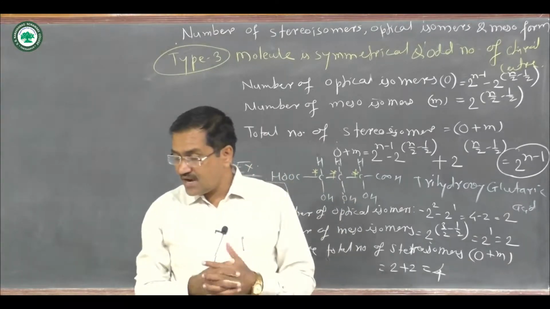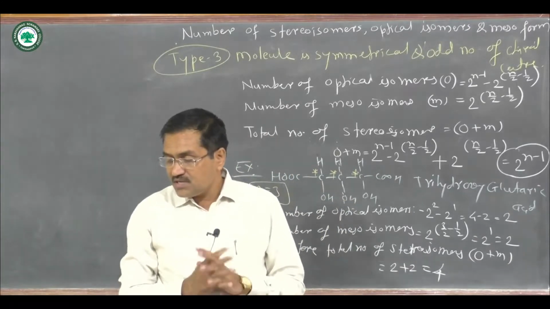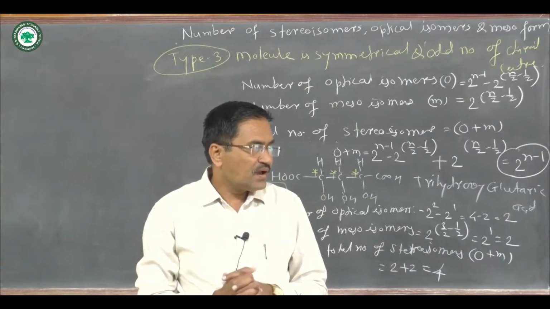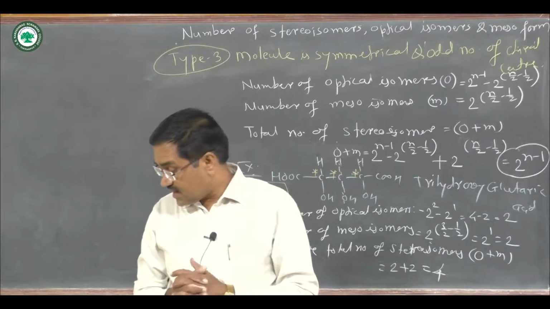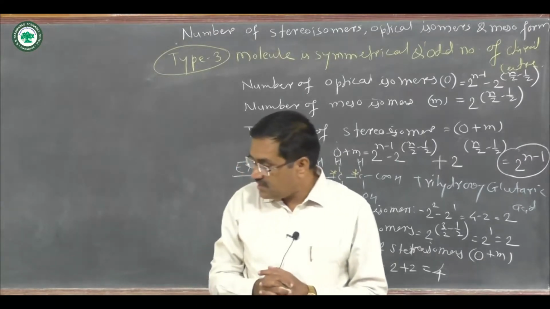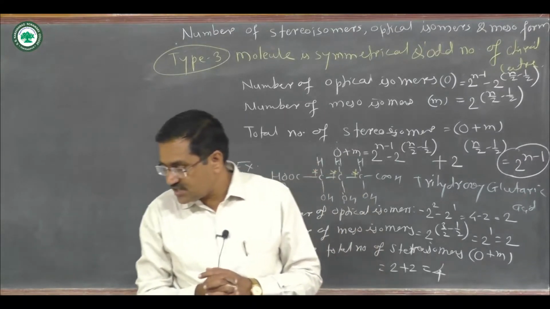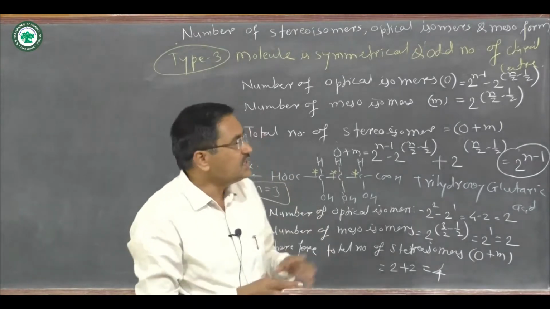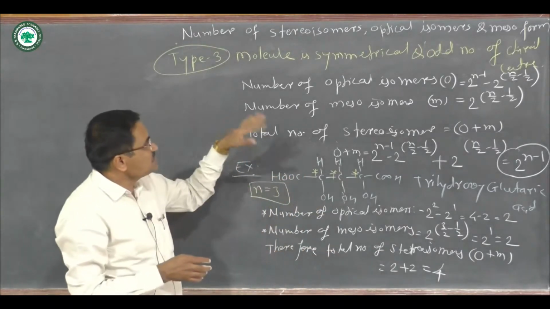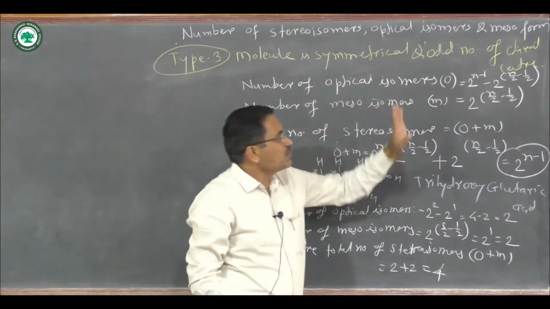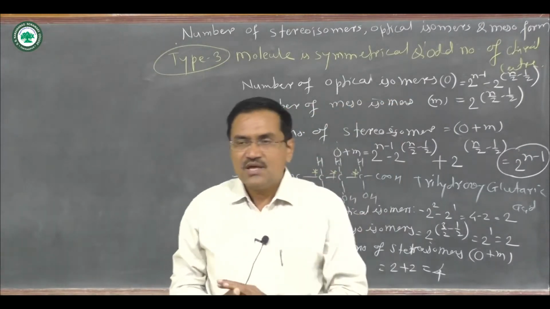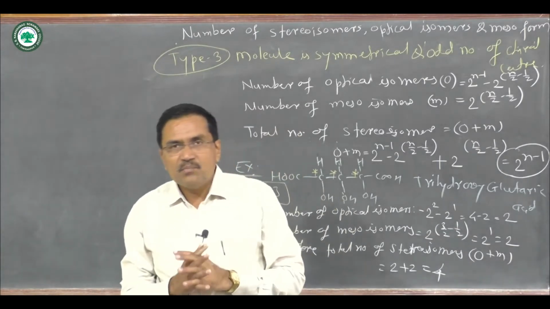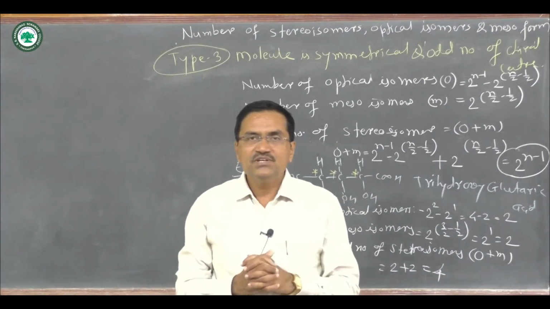Type first is when the molecule is unsymmetrical with n chiral centers, type second is when the molecule is symmetrical and the number of chiral centers is even, and type 3 is when the molecule is symmetrical with an odd number of chiral centers. On the basis of this we can calculate the total number of stereoisomers in the molecule.